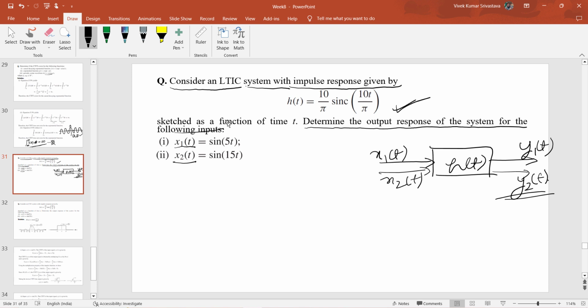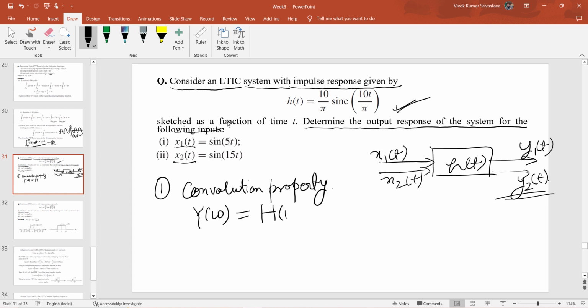For solving this problem, we will use the concepts from our previous questions. Here we will use the convolution property first of all. According to the convolution property, the response of any LTI system, y of omega, is defined as the multiplication of h of omega with x of omega.